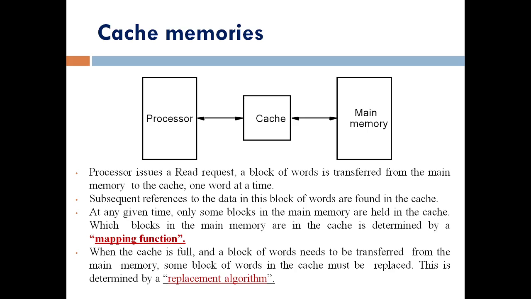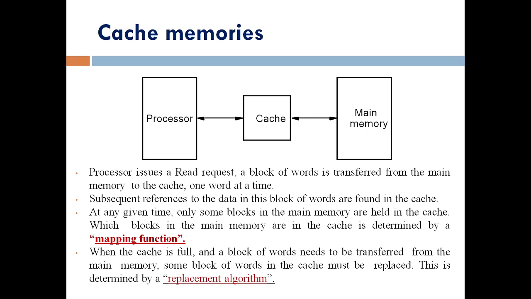Next we'll discuss cache memory. So what is cache? As we discussed, a cache memory is a very high speed memory used to increase the speed of a program by making the current program and data available to the processor or CPU at a rapid rate. The access time of the cache memory is less compared to main memory.